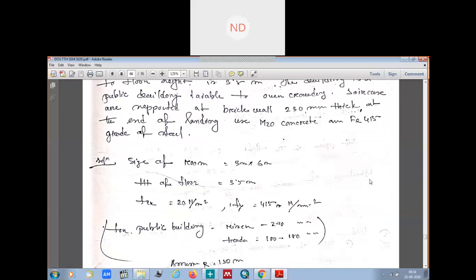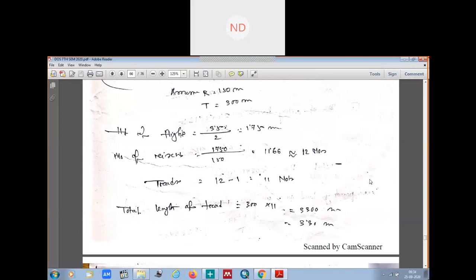Then we will assume our riser to be 150 and the tread to be 300 mm. For a public building, generally we take our riser to be 150 and tread to be 270, but since it is overcrowded, and the maximum value for public buildings for tread was 270, we are taking it to be 300.